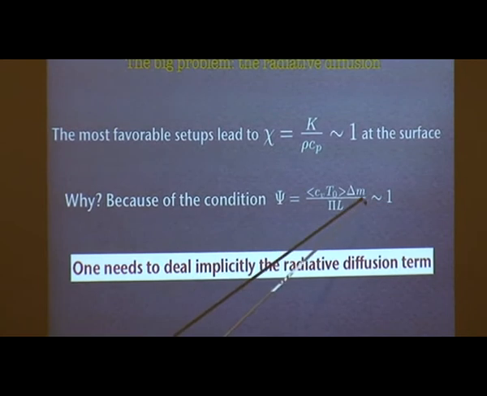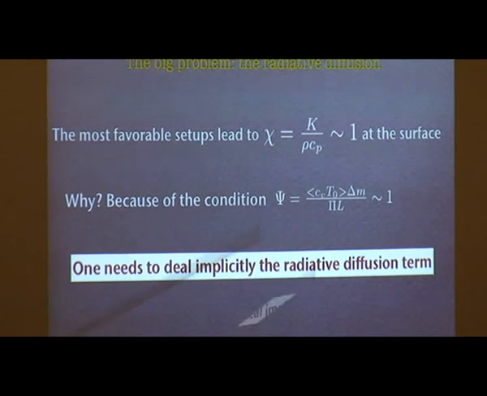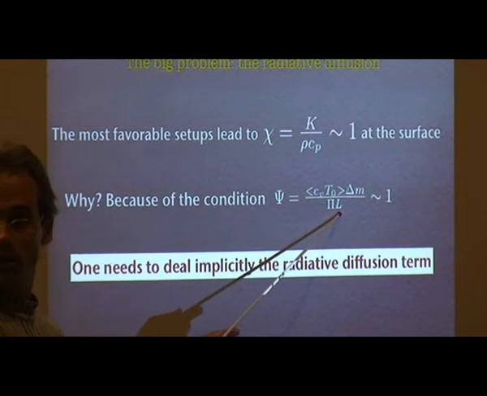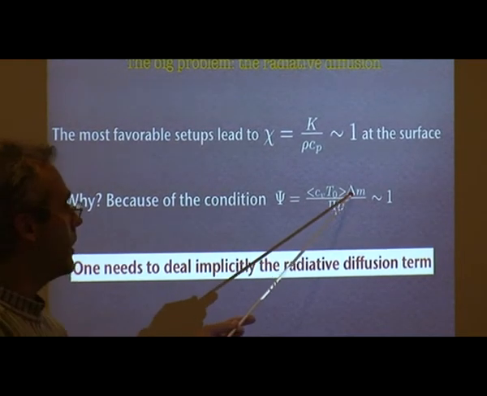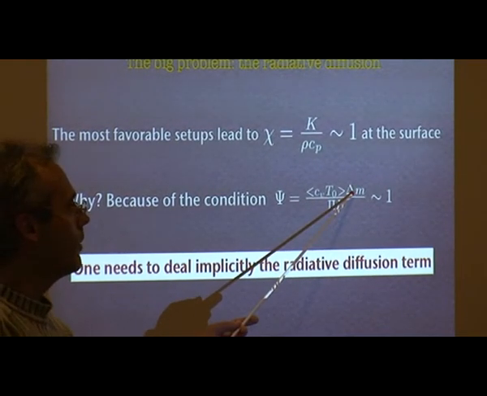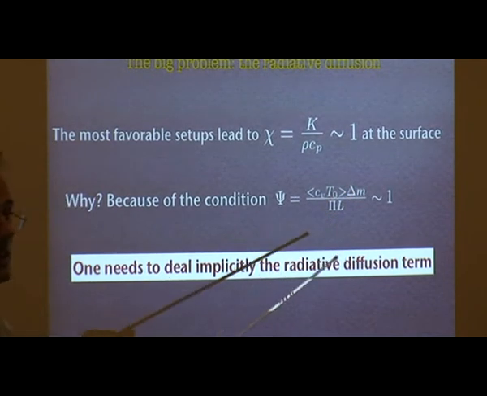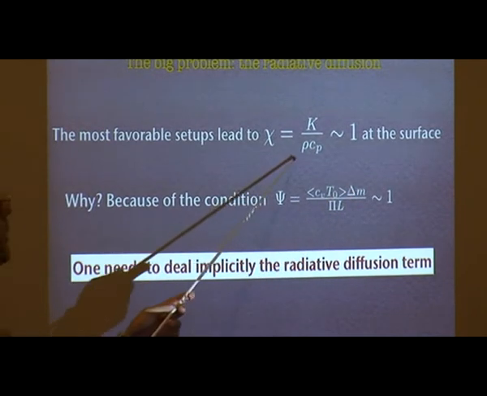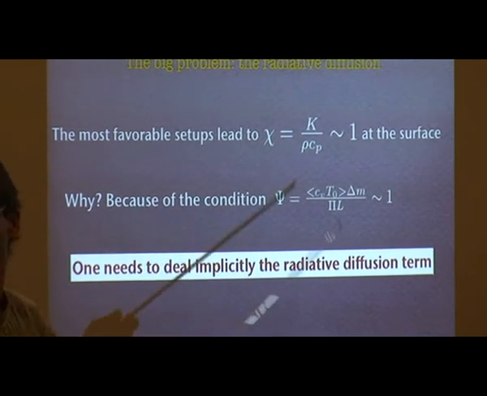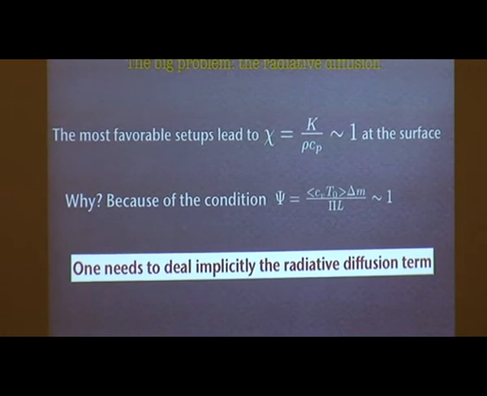Psi equal 1 means that the mass which is above the layer should be very small. And then having small mass above means having small density. And very small density means very large radiative diffusion at the top. So we realized that very fast.